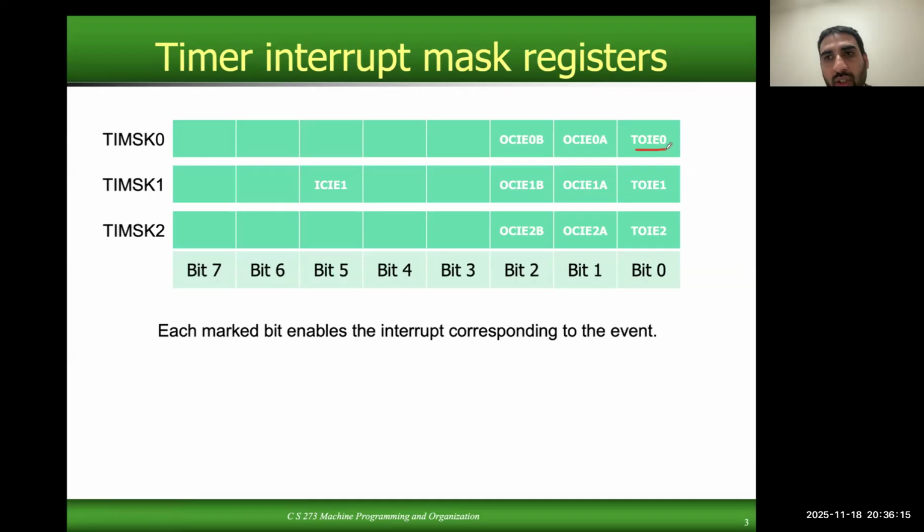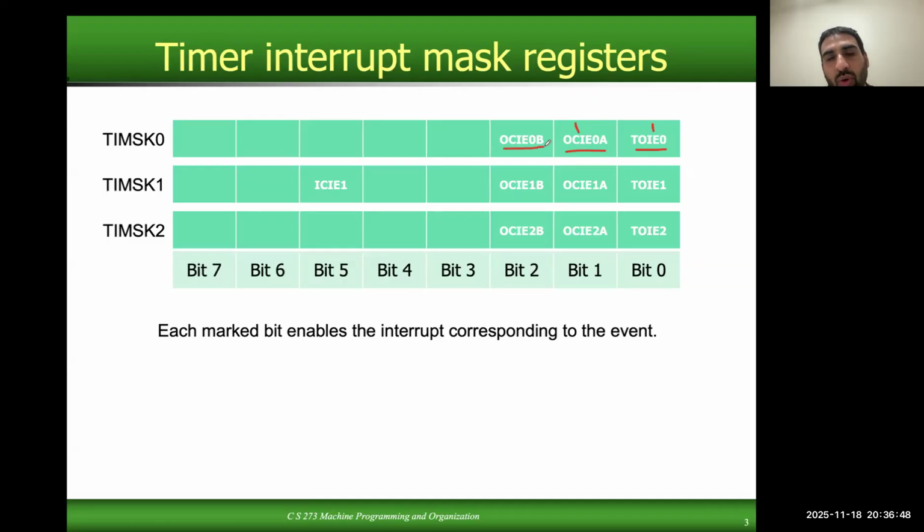If you want to actually raise an interrupt when the value of the timer overflows, then you have to first write one in this bit position to enable the interrupt. Similarly, if you want your microcontroller to raise an interrupt when the value of the timer counter register matches with the output compare register A, you have to write one in this second bit position.